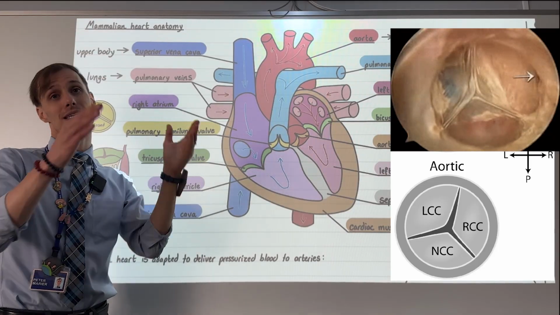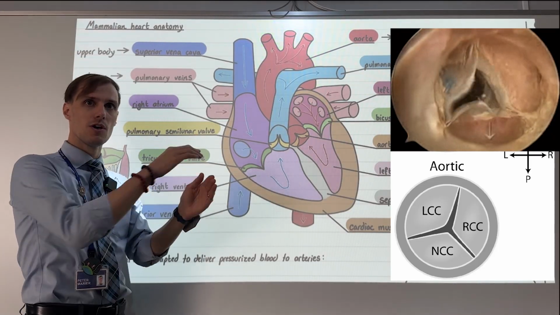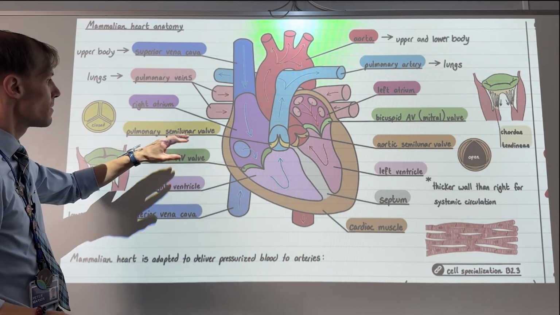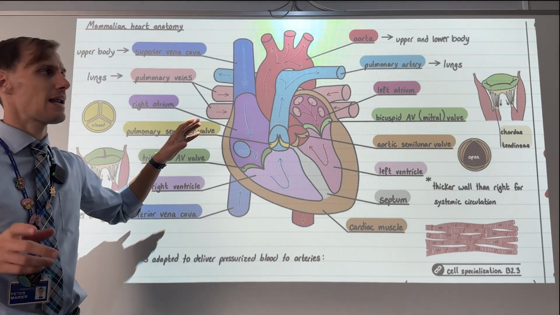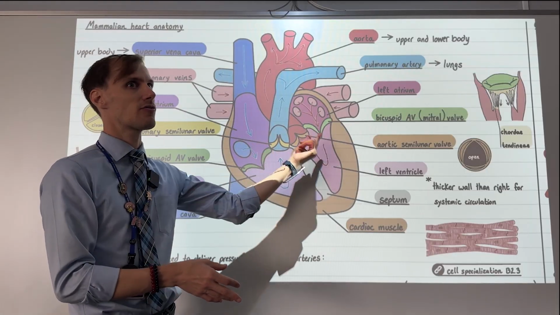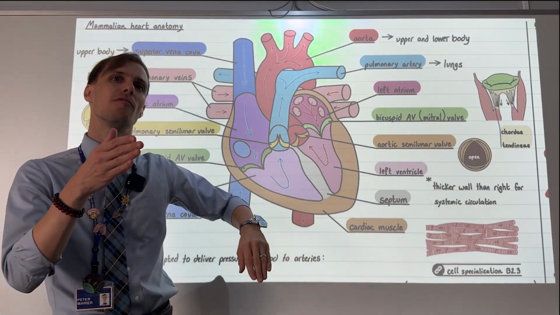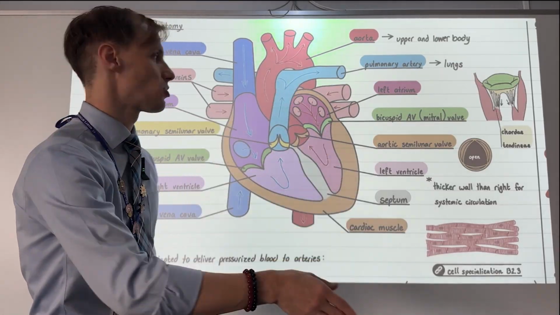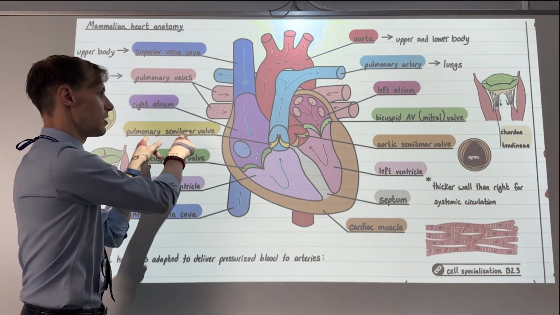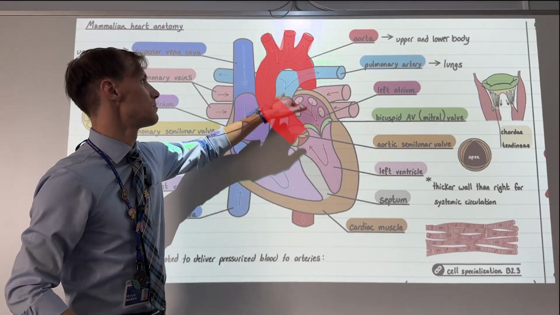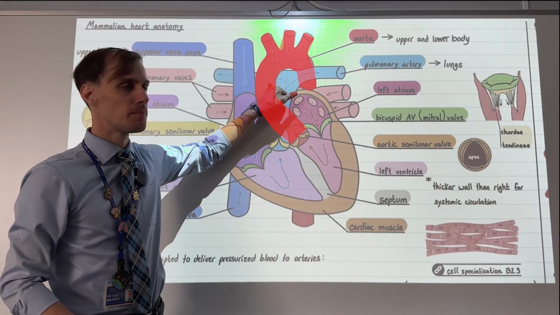So semi means half, lunar means moon, so they have like a crescent shape, if that makes sense. So that's where their name comes from. So they're semilunar valves. And how can I distinguish this semilunar valve from this semilunar valve? Well, I'm going to describe it by which vessel they're going to. So this would be the pulmonary semilunar valve. This would be the aortic semilunar valve right here.